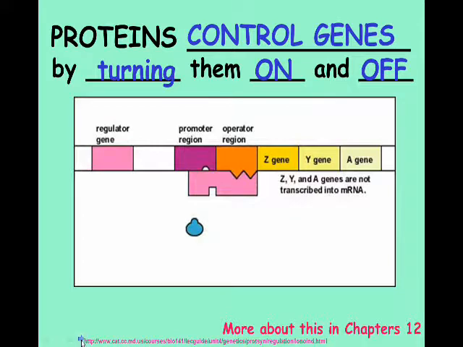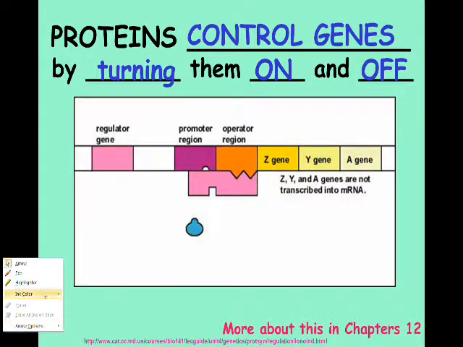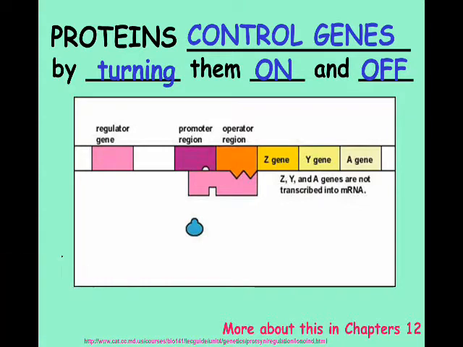If you look at this little animation that's going here, this long stretch of DNA, notice there's genes here. In order to read the information on the gene and use it in the cell, molecules have to be able to get in to read the gene code.